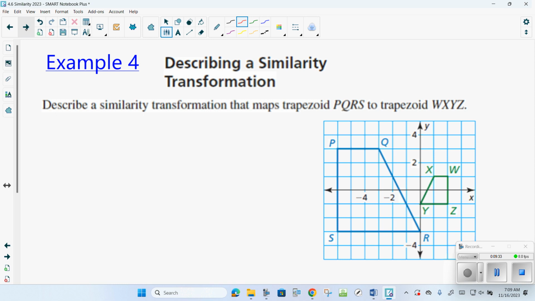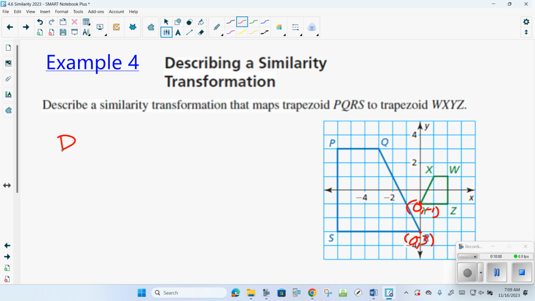And so the first thing in this one is notice that the image, or the pre-image, which is PQRS, is larger than WXYZ. And so I know I'm going to have a dilation. And it's going from the point 3, 0, negative 3 to the point 0, negative 1. And so that's a dilation of a third.